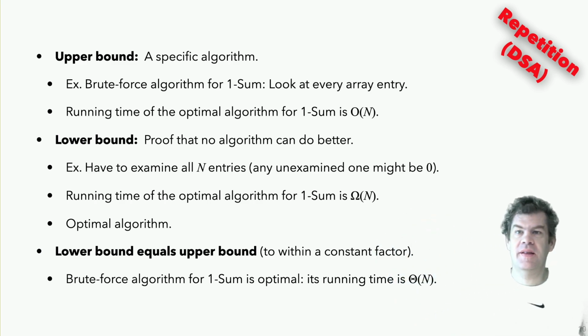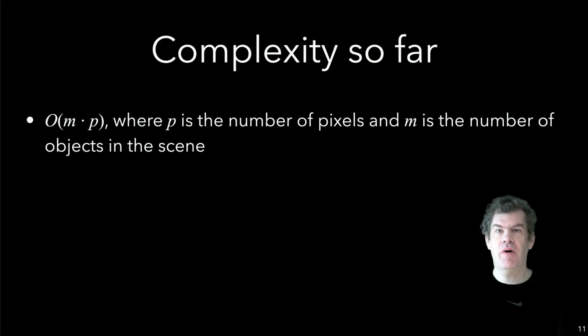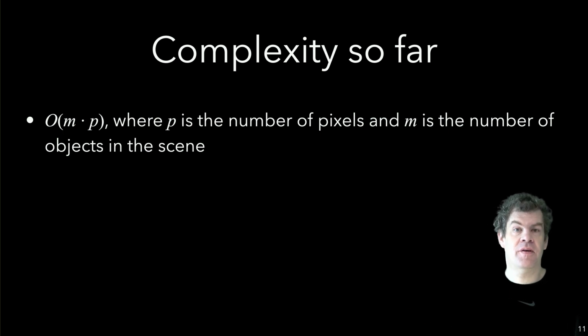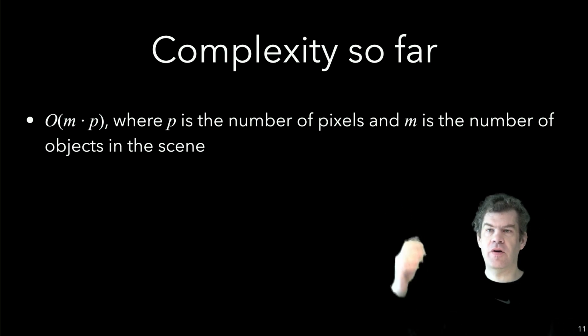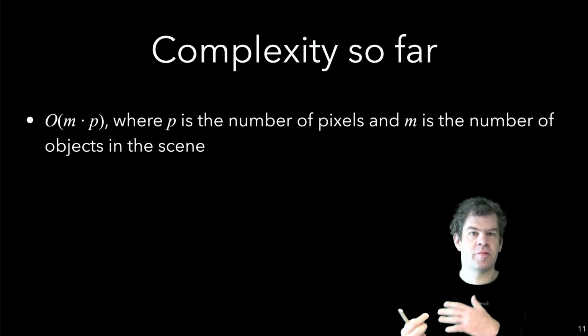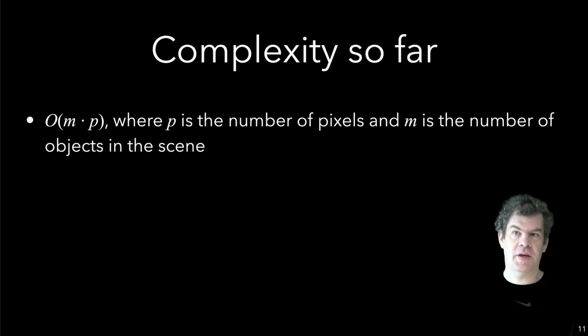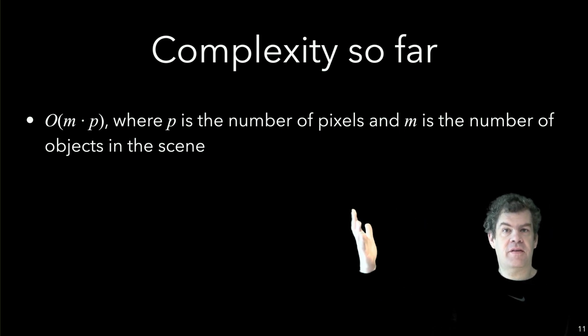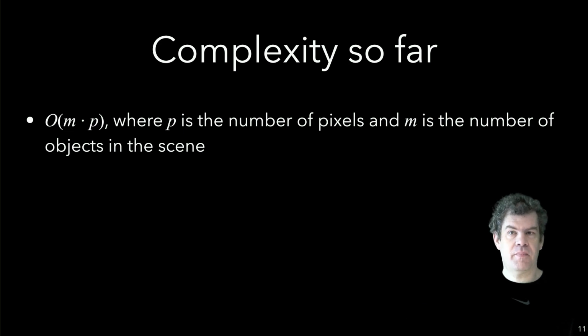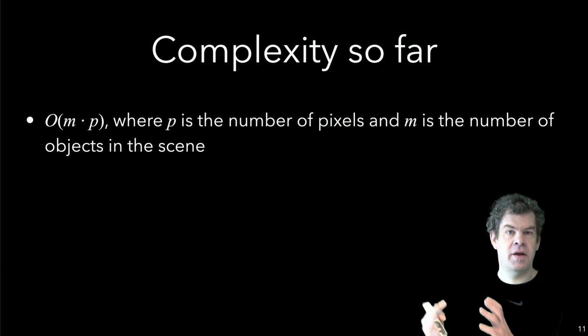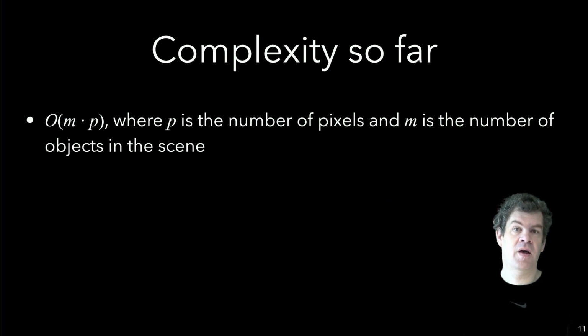Good. Then let's apply that to our rendering problem, in particular to ray tracing. In ray tracing, since we have these two nested loops that I presented at the beginning, one loop over all pixels and one loop over all objects in the scene, we can develop an upper bound complexity for the problem of rendering a scene, or ray tracing in general, and then looking at our specific implementation, you can say, well, this is O of m times P. Why?